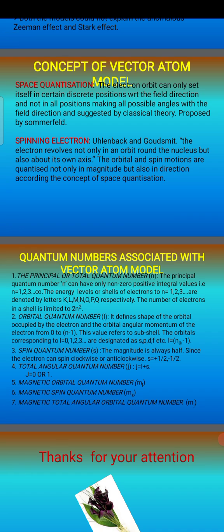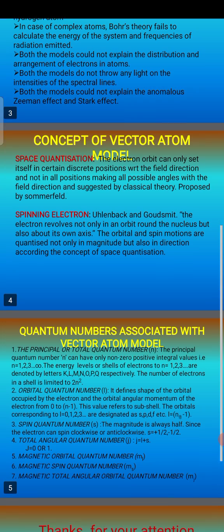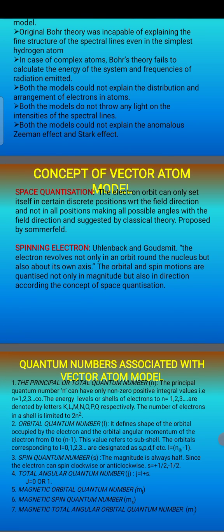Next, the magnetic orbital quantum number m l. When an atom is placed in a strong magnetic field, the electrons with the same values of principal quantum number n and orbital quantum number l orient in different directions, and the magnetic moment is divided into the orbital magnetic quantum number m l, the spin quantum number m s and the total angular magnetic moment m j.